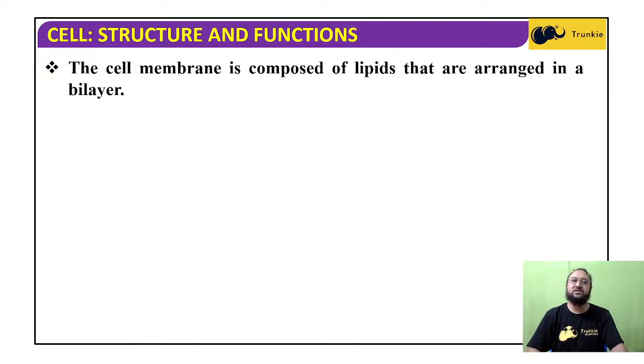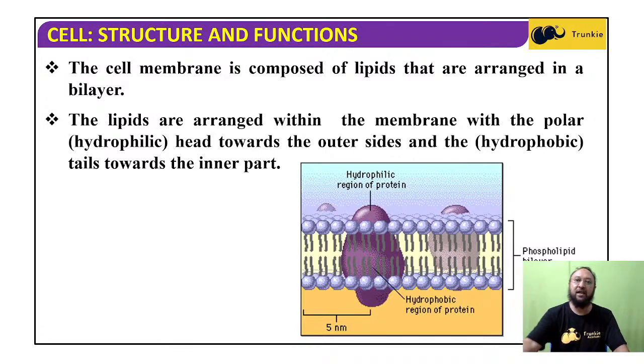The cell membrane is composed of lipids that are arranged in a bilayer, so there are two layers of lipids. Here you see the lipids are arranged within the membrane with a polar hydrophilic head, facing the outside environment and also the cytoplasm, and hydrophobic tails.